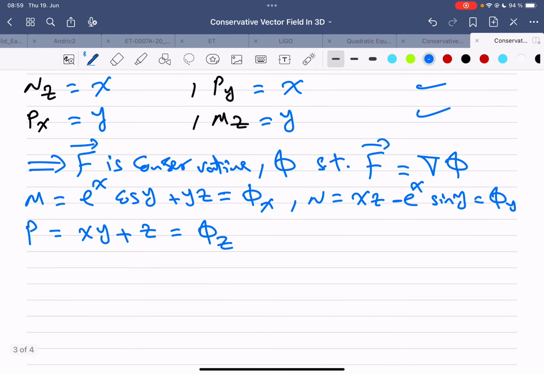As I told you before, we can start with m and integrate phi x with respect to x, which will give you phi, and then go in the same way.